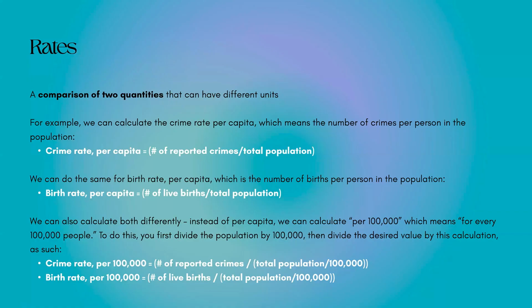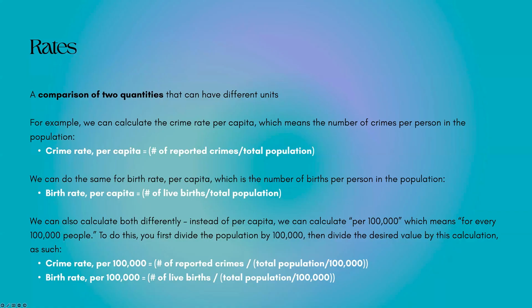Rates are two different units. We can also do birth rate per capita, which is the number of births divided by the total number of people in the population, right? So the births per person in the population. I put this here as a note. You can also calculate it differently.